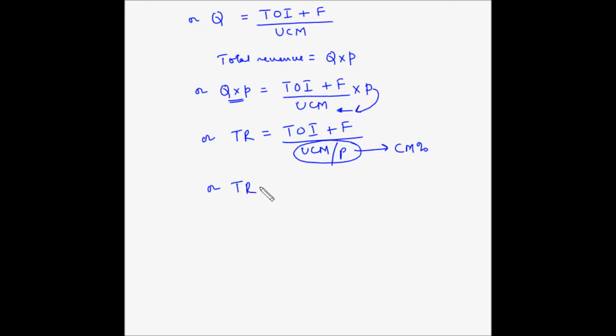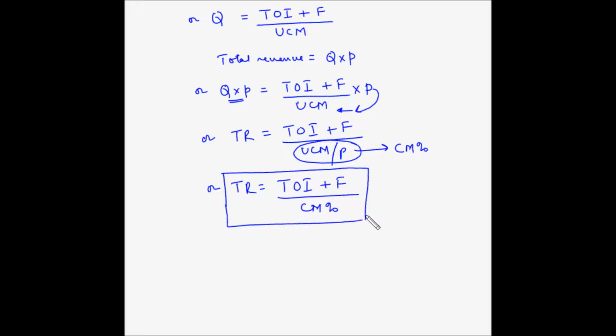So total revenue is equal to the target operating income plus fixed cost divided by the contribution margin ratio or the percent. So this is how you can use the formulas to find out the number of units to be sold or the total revenue to be attained in order to achieve a targeted operating income.